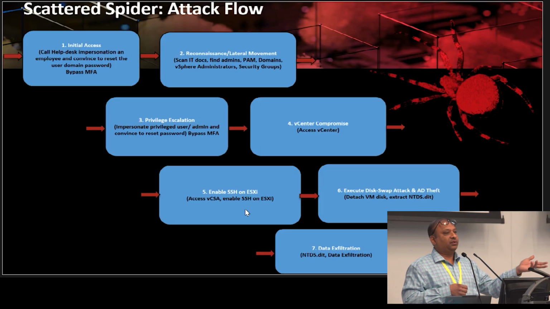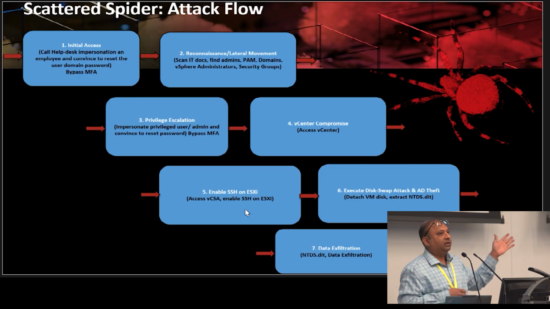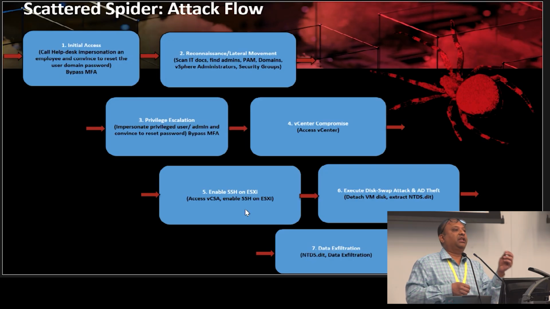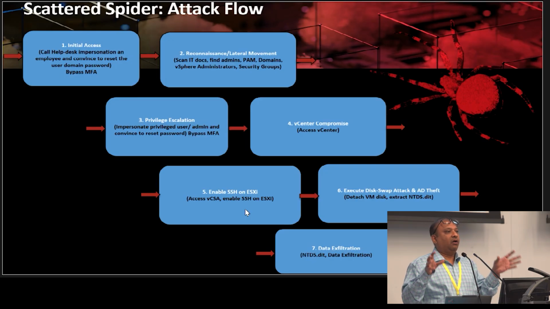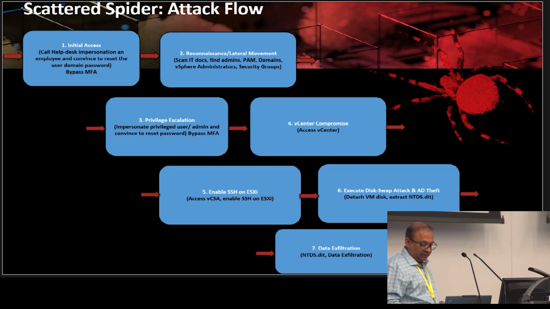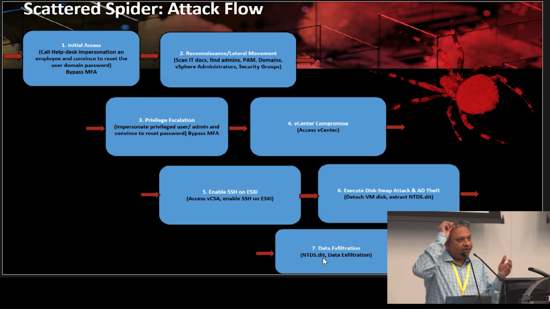Once they get access to that particular VM, they copy the file ntds.dit. This file system has all of your credentials, Kerberos tickets, everything stored on it. So they capture this data, and the next phase is exfiltration. They exfiltrate all of this data.